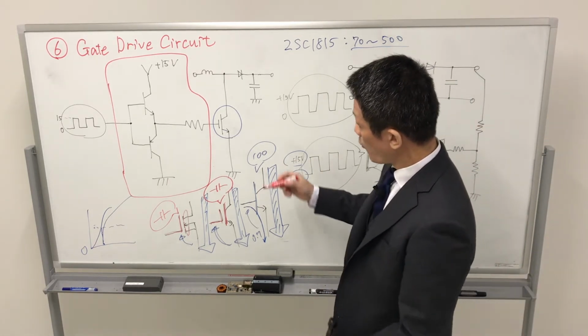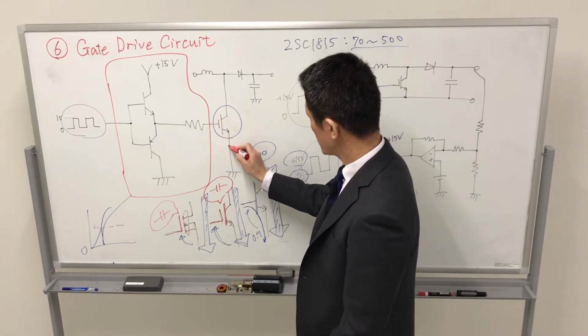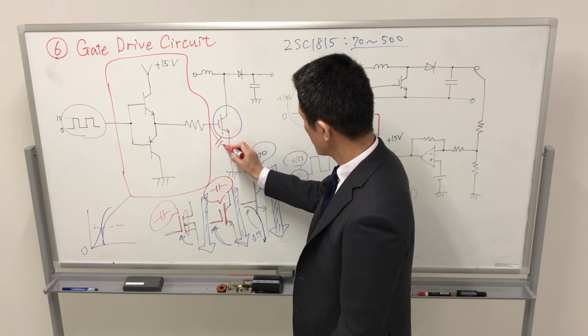So we can look at the gate source line as a capacitor.